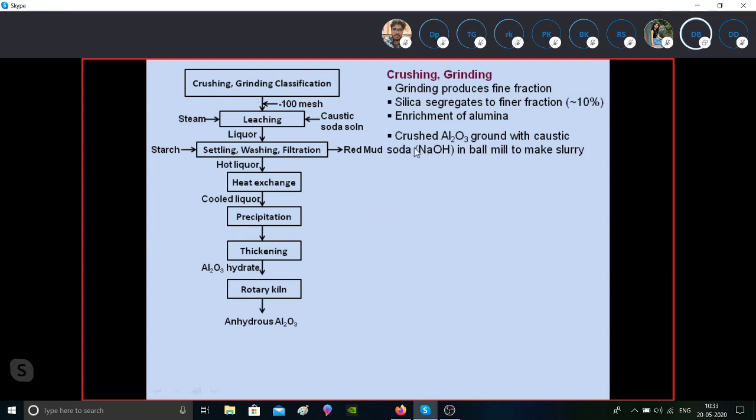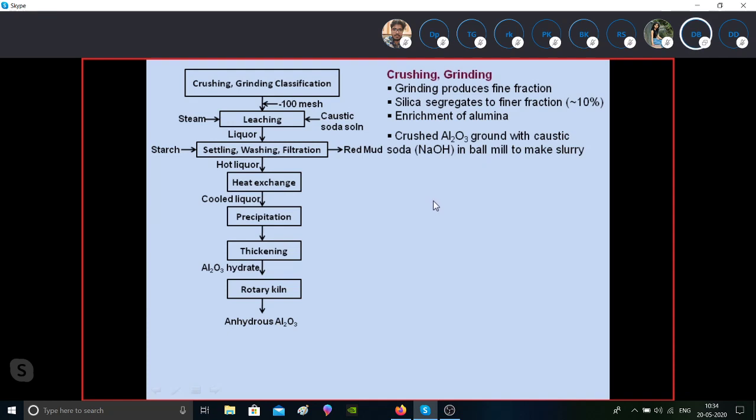So now, instead of dry grinding of alumina, we go for wet grinding of alumina with caustic soda. It is done in a ball mill, and we make a slurry of Al2O3 and sodium hydroxide instead of a powder.